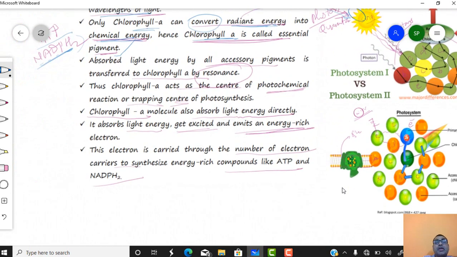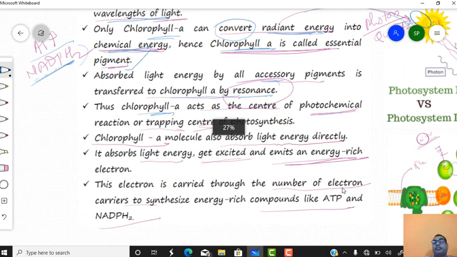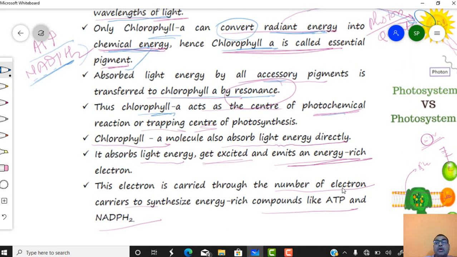You can see here, the light energy absorbed by all accessory pigments is transferred to chlorophyll A by means of resonance. Thus, chlorophyll A acts as the center of the photochemical reaction, or the trapping center of photosynthesis.